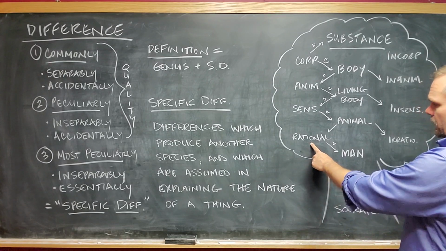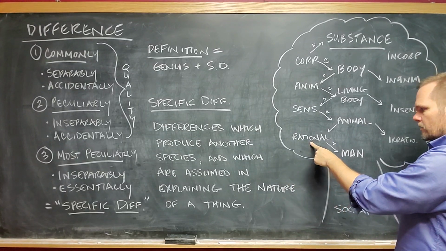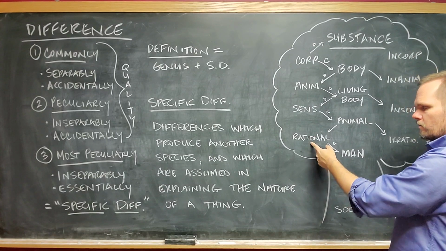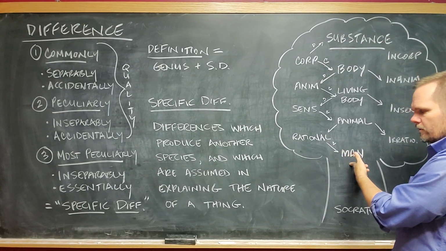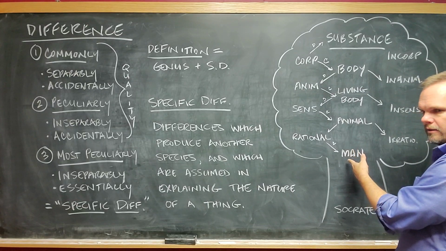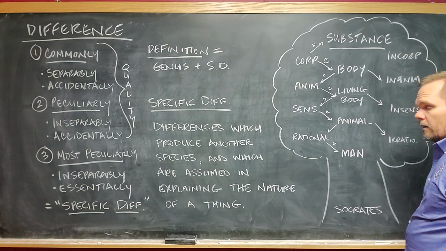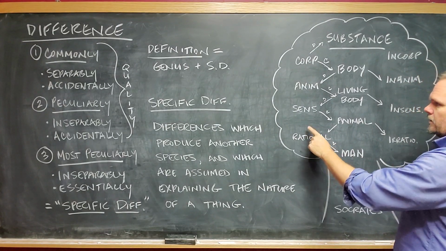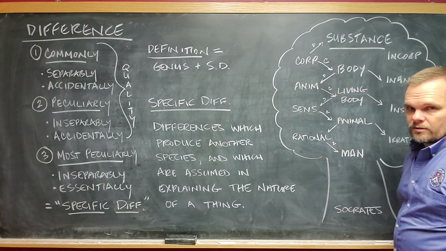So rational with respect to animal is divisive, but rational with respect to man is constitutive, because rational constitutes man as its specific difference. If I want to define man, I simply say that man is a rational animal. But I can also say man is a rational, sensitive, animate, corporeal substance.